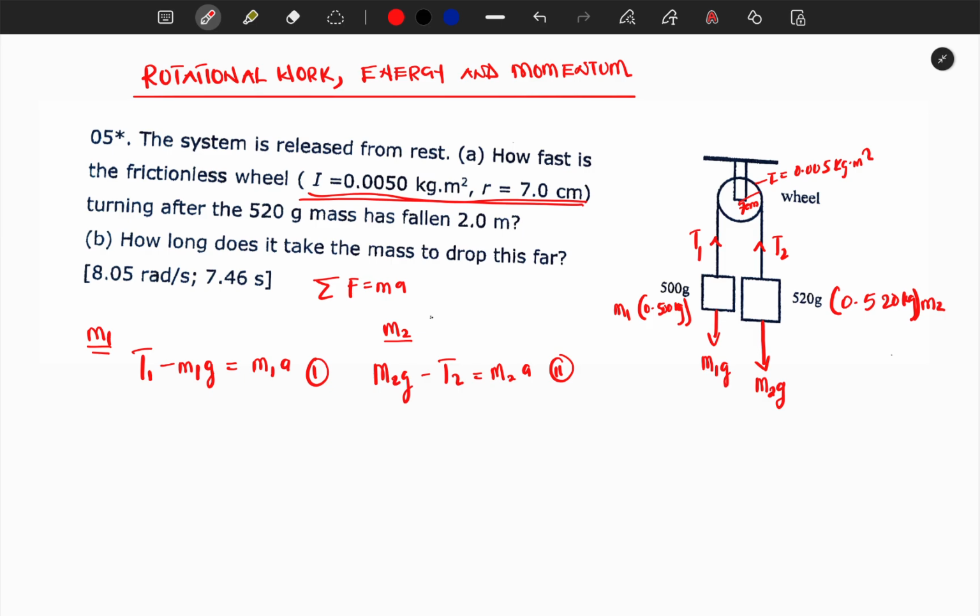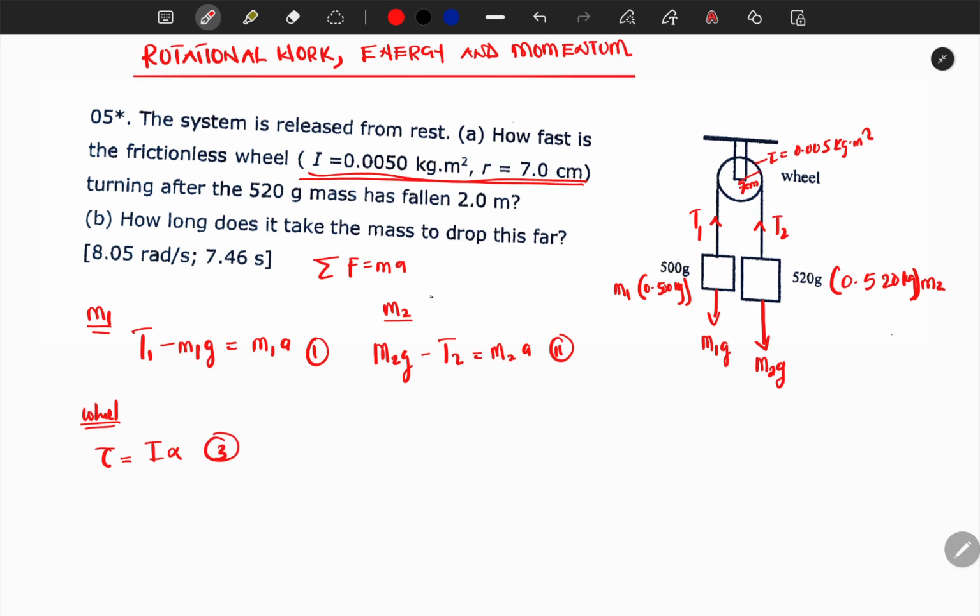Because the wheel is turning, it experiences some torque, which is equal to the moment of inertia multiplied by the angular acceleration. Remember this? This is our equation number 3. Having these 3 equations, how do we put them together to work out our problem?